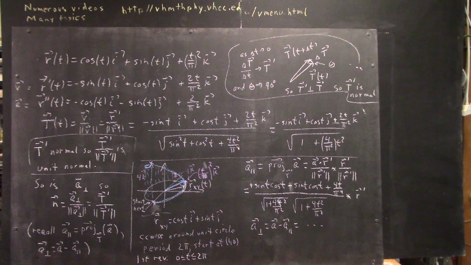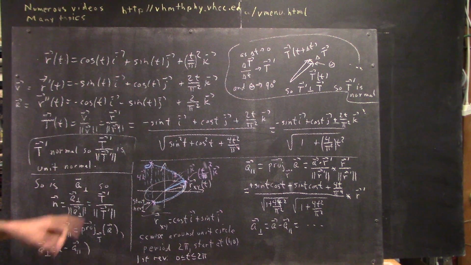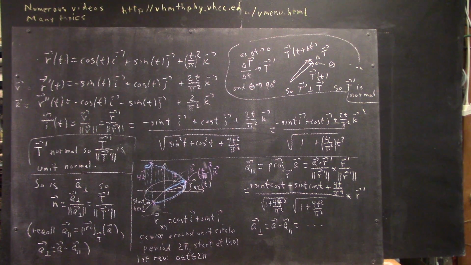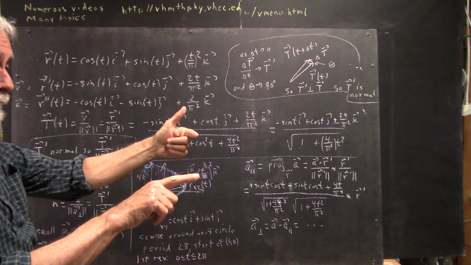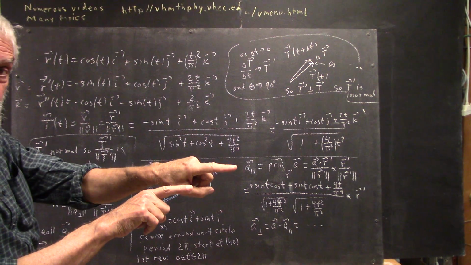But another way to get the unit normal is to calculate the perpendicular component of the acceleration vector. Remember, this means that we're projecting our acceleration vector on the direction of our velocity. That gives us the parallel component of our acceleration.